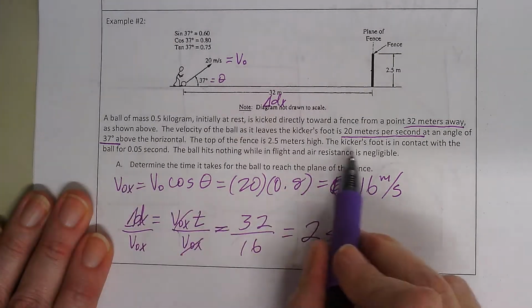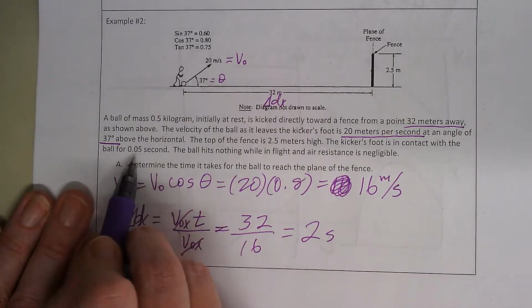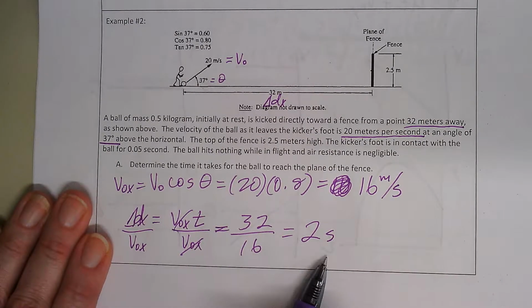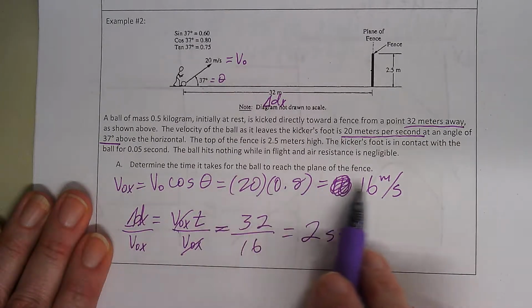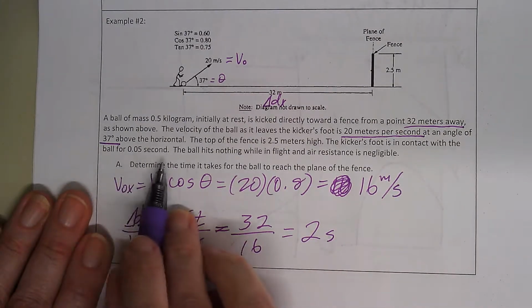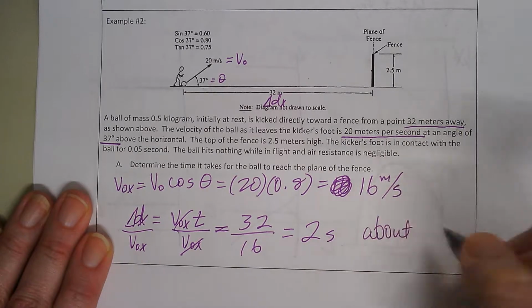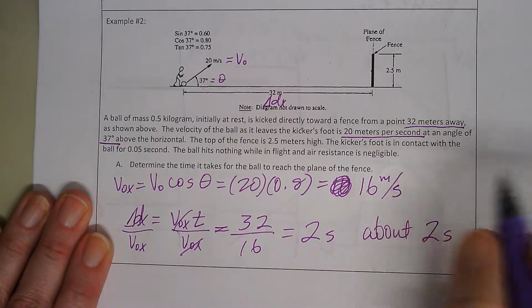And it says the kicker's foot is in contact with the ball for 0.05 seconds. 0.05 compared to 2 is pretty negligible. So I would say, determine the time it takes for the ball to reach the fence: it is exactly 2.05 seconds, but I would probably answer this as about 2 seconds.